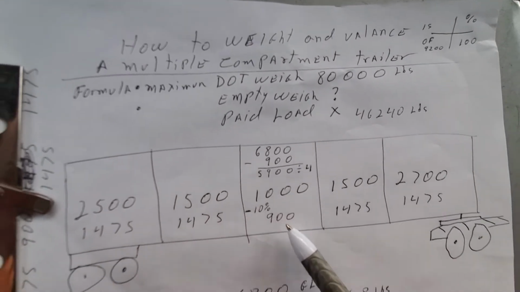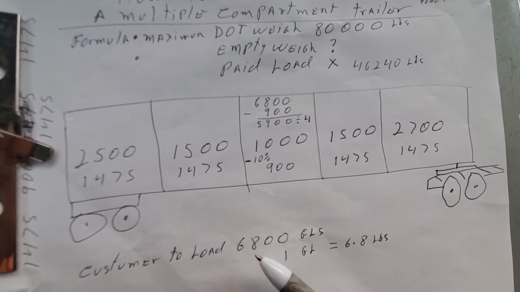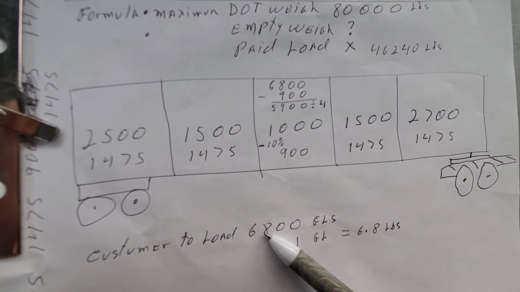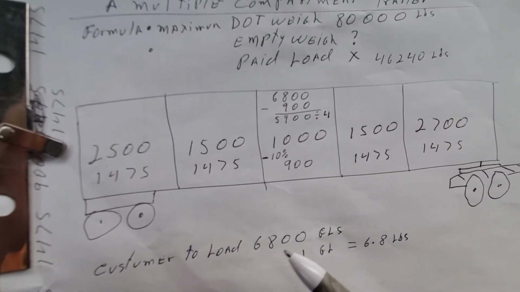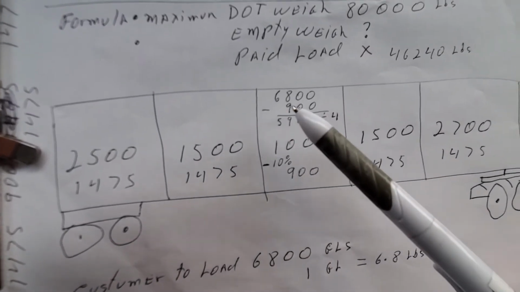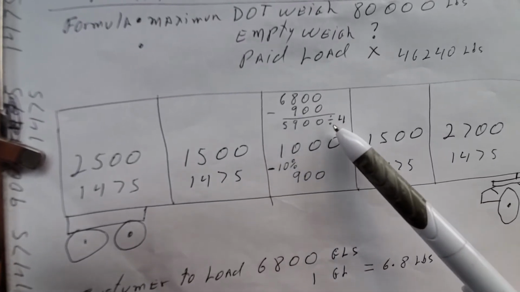from the amount that the customer is giving me. So that will work out to 6,800 gallons minus 900, which is 5,900 gallons.